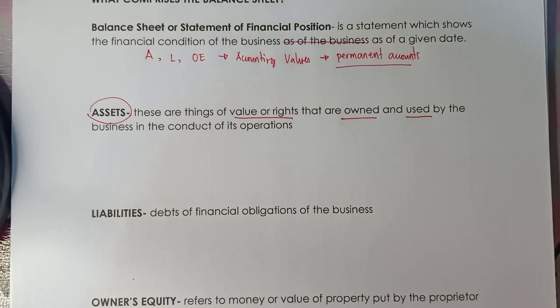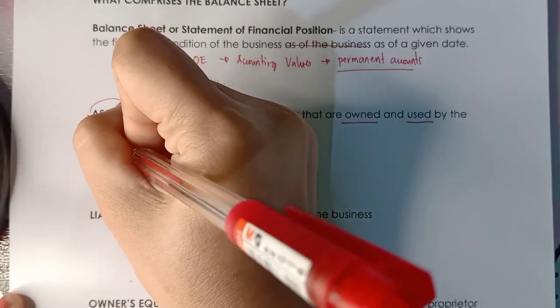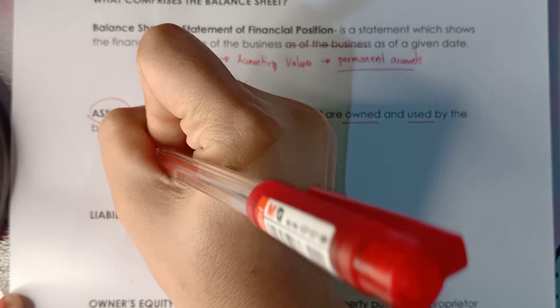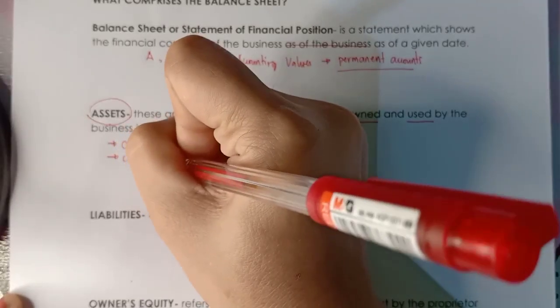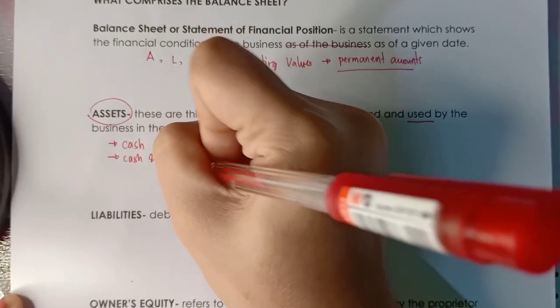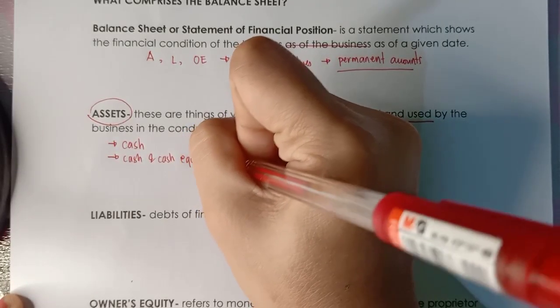So what are the examples or the elements of assets? Assets include an account called cash. It also includes cash and cash equivalents. These are examples of assets.